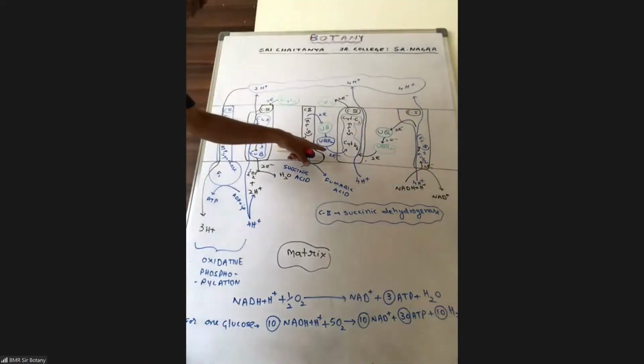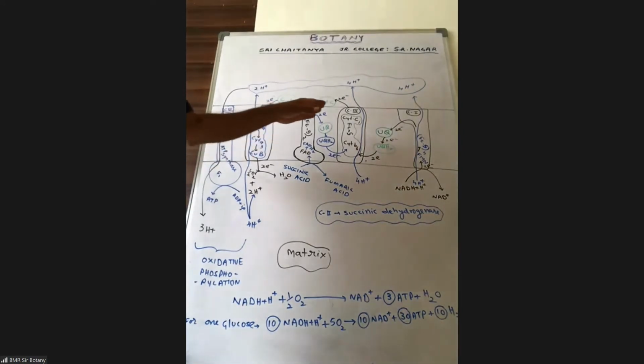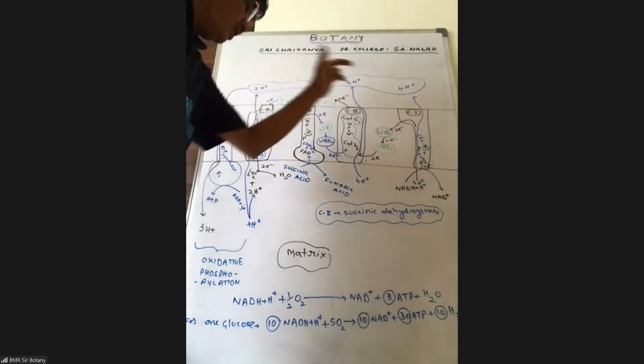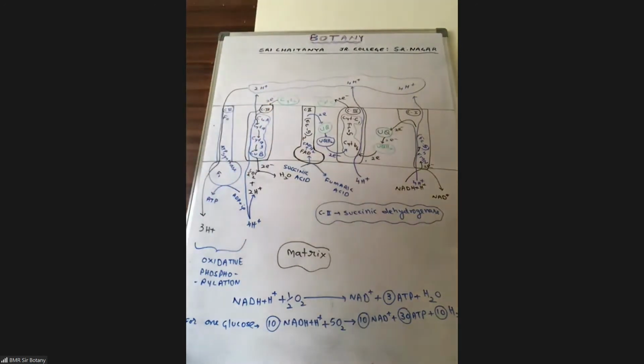From here onwards, the path is the same. Complex 3 can gather electrons from ubiquinone, both from complex 1 and also from complex 2. That is the point to understand here.